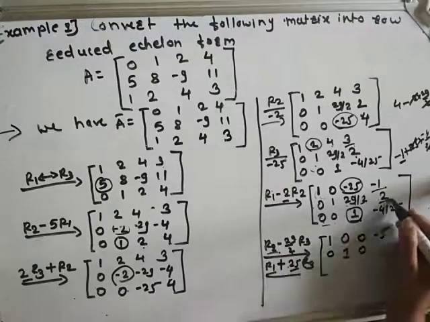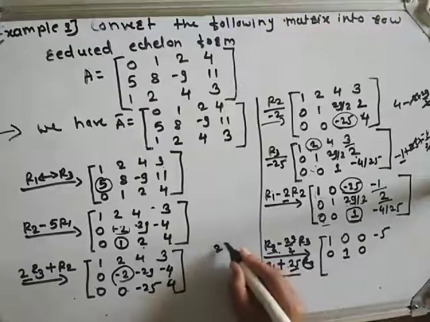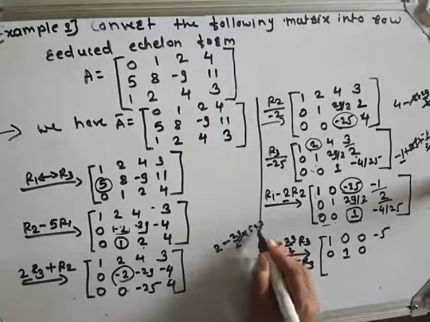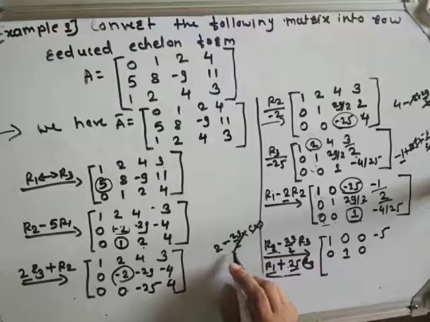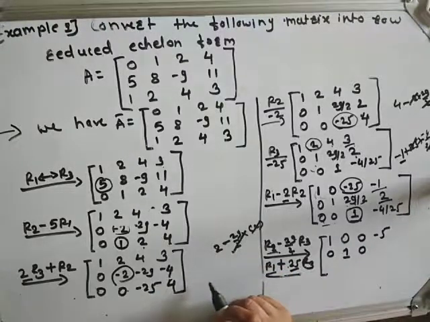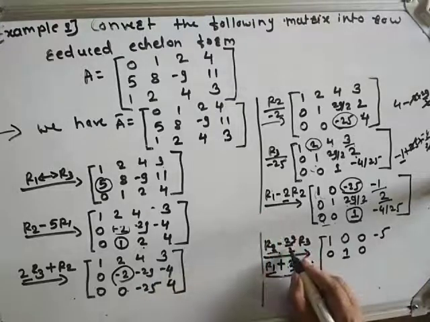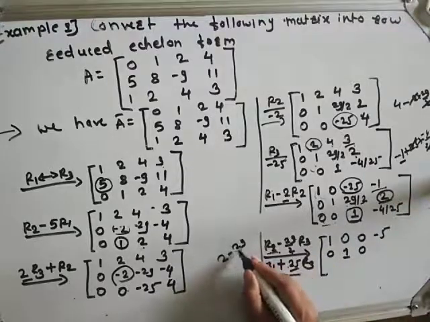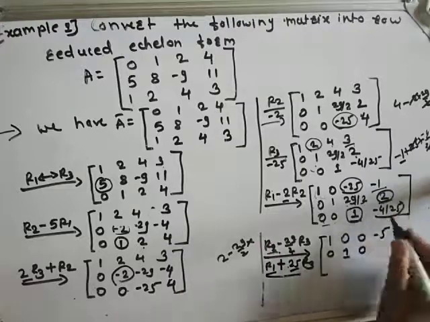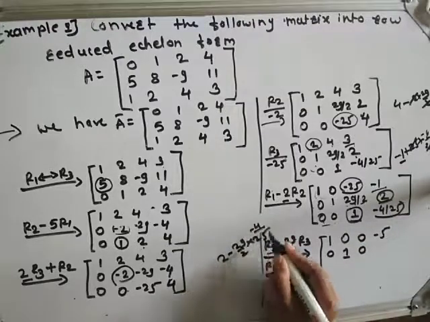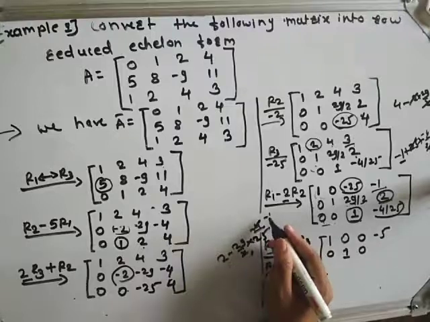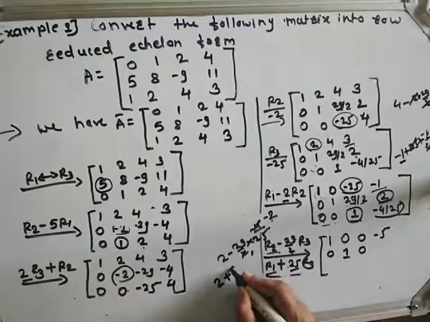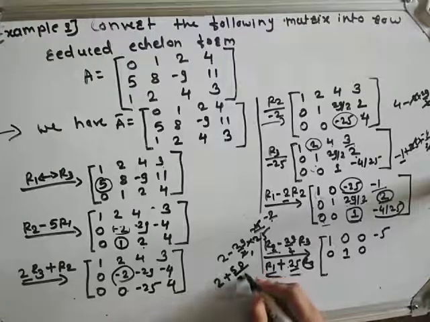For the last entry, 2 minus 29 by 2 into minus 4 upon 25: 29 by 2 into 4 is 58, so 2 plus 58 upon 25.